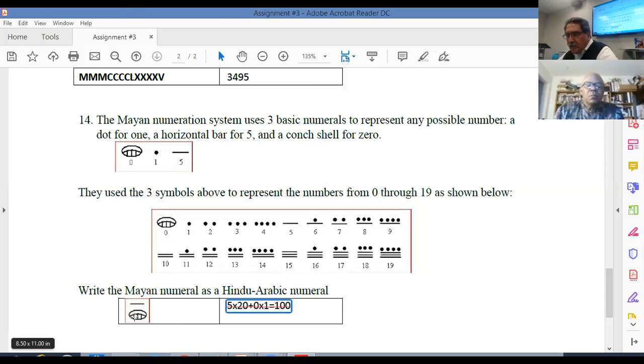This is 5, this is 0, but because of their position, we get 100. Why am I talking about this? No, I'm sorry, forget what I said. It's 50, what I said in the beginning. There's something at the back of my mind. All right, let's forget that.